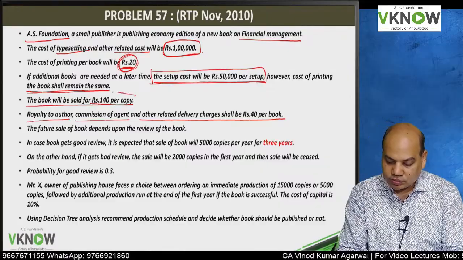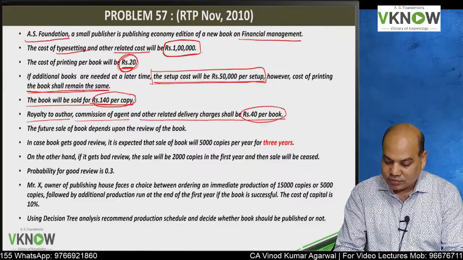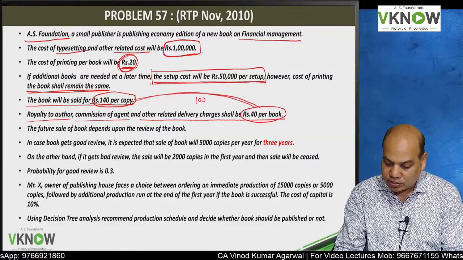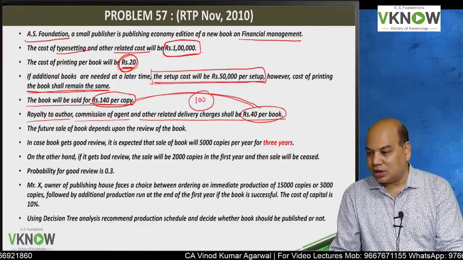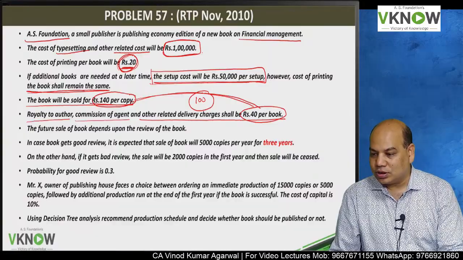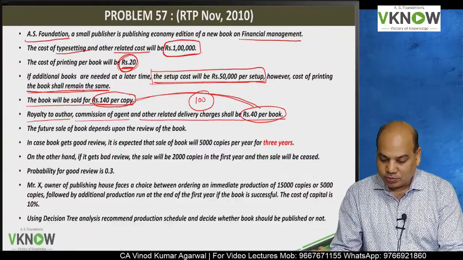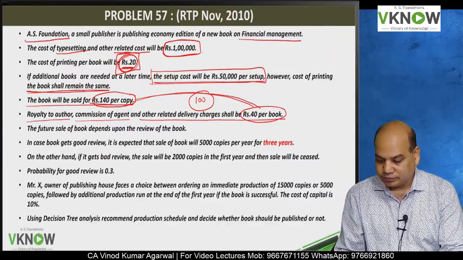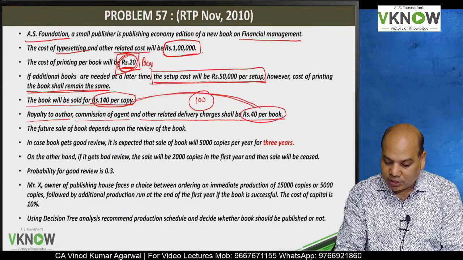So in short, your net amount realized at the time of sale will be 100 rupees. 140 selling price, royalty to author, commission of agent and other delivery charges 40, so 100 rupees, and 20 rupees is your printing cost. Printing cost will be incurred at the beginning.